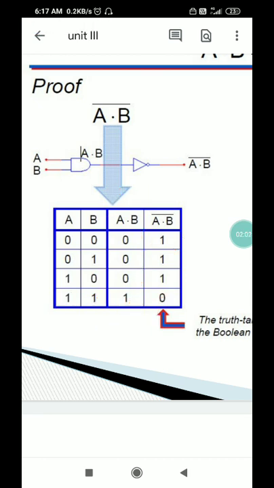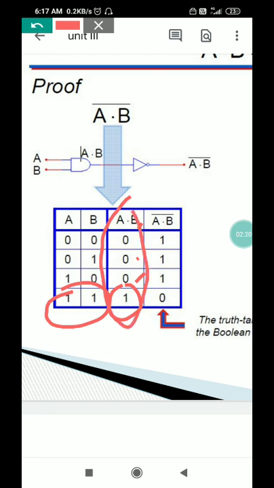Okay, so for 0 0 the output of AND gate is 0, for 0 1 the output of AND gate is 0, 1 0 AND gate will give you 0, and only for 1 1 the output of AND gate will be 1. So all we have to do is take the inverse of this column and fill it in this particular column.